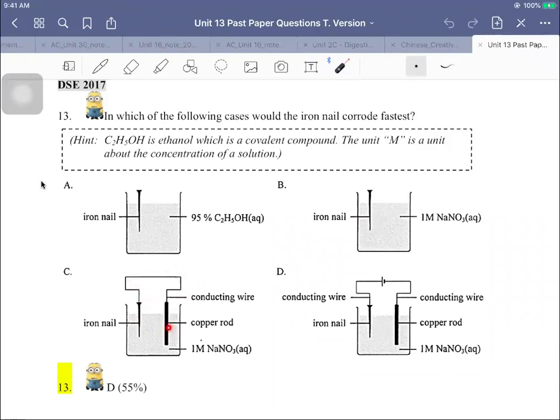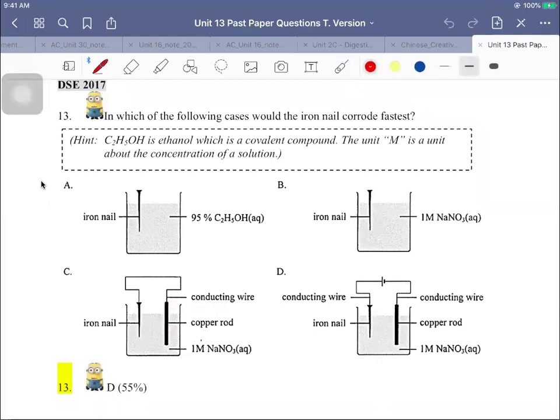If you still remember the reactivity series, iron is more reactive than copper. So by connecting it, although through a wire, it will still tend to lose electrons to copper because iron is more reactive.